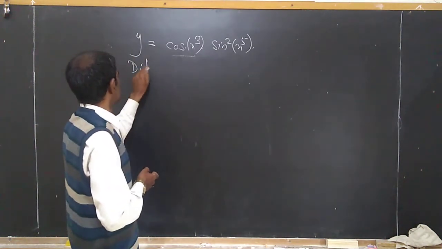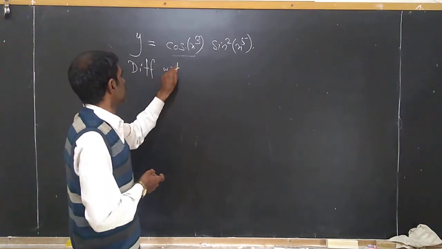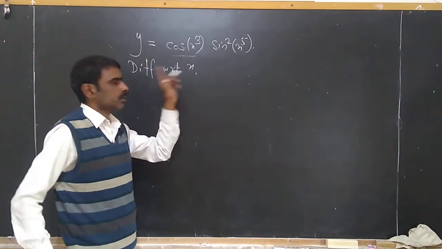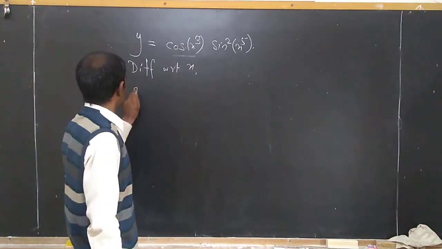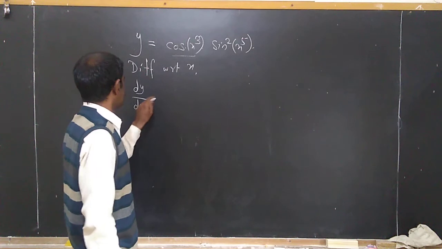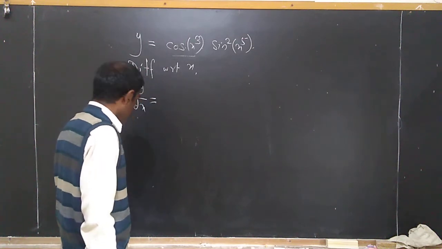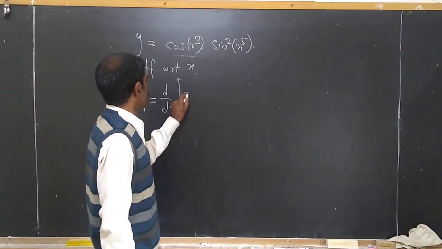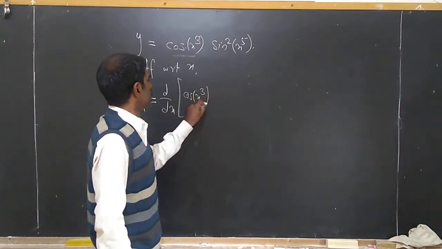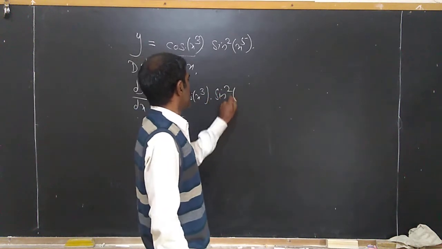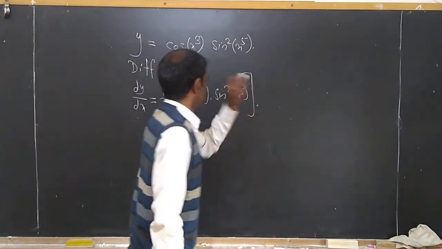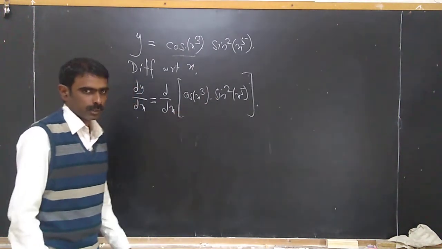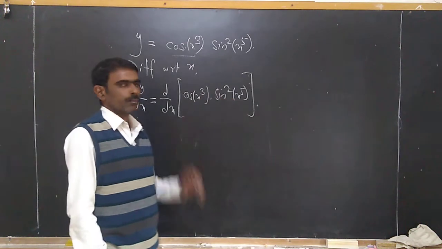So, the first step is differentiating with respect to x. What do you get? dy by dx is equal to d by dx of cos of x cube into sine square of x raised to 5. So here I have to apply the u into v method.